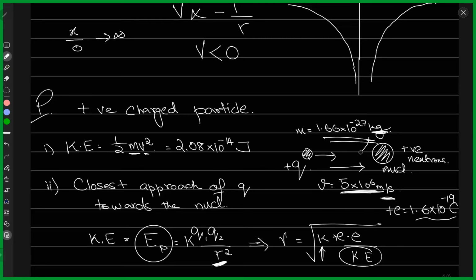And because it has to deflect backwards, its velocity changes, right? When it comes closer to the nucleus, it's going to deflect backwards because they both are positively charged. When it deflects backward, that's when its velocity has to decrease, and then it will start increasing again. So when it decreases, the velocity comes to 0. That's the point where all the kinetic energy of the particle was converted into the electrical potential energy of the particle. So that should be clear.